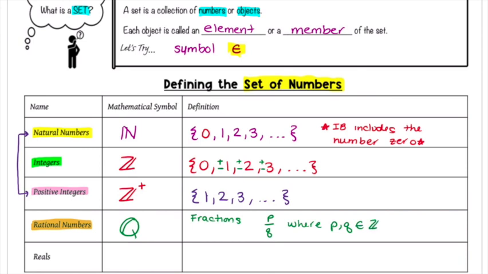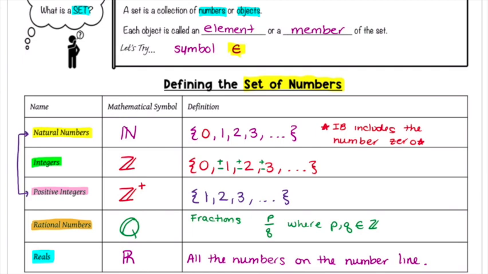And as we grow our knowledge further, we get to the set of reals. The set of reals, double R, are all the numbers that are found on the number line. And we slowly create our set of numbers in this form.